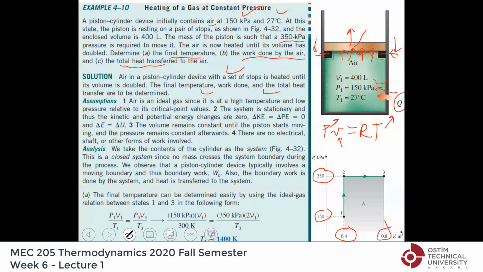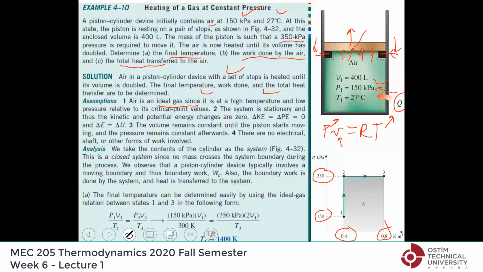And in engineering, we always use assumptions, but we make sure that they are logical and reasonable. Let's say the first assumption says the air is an ideal gas. Look at the temperature, 27 degrees, and even if it goes up a few hundred degrees, it doesn't matter. In fact, it will be even better.